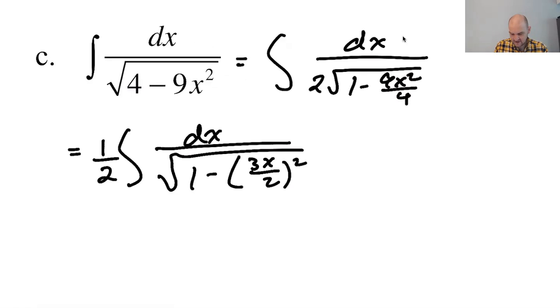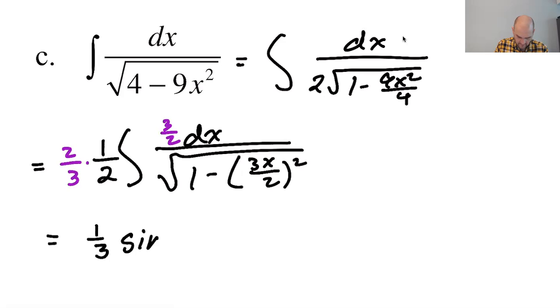If I make u equal 3x over 2, then there should be a 3/2 up here, so a 2/3. And the 2's cancel, we get 1/3 inverse sine of 3x over 2 plus c.